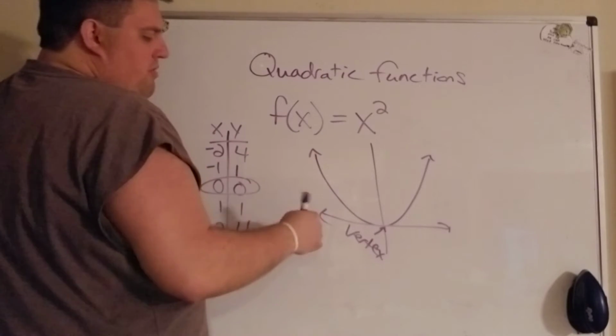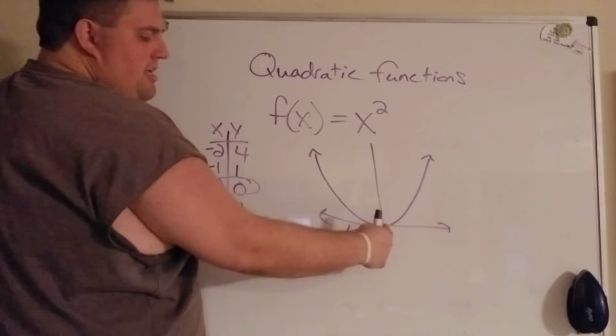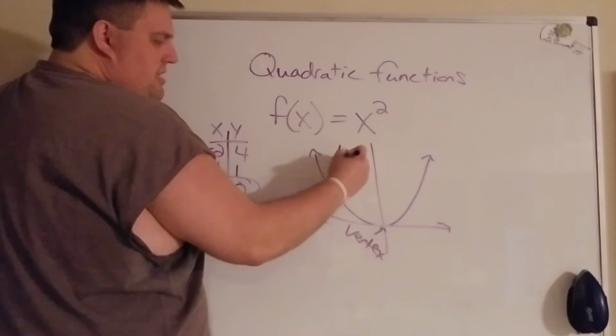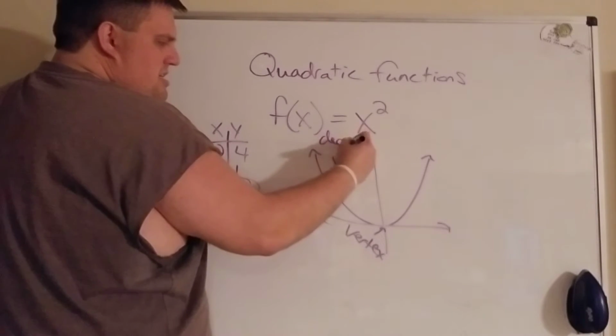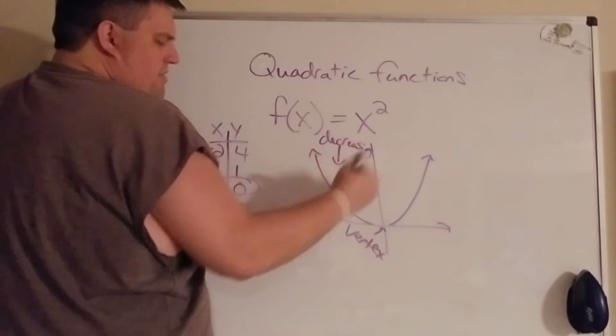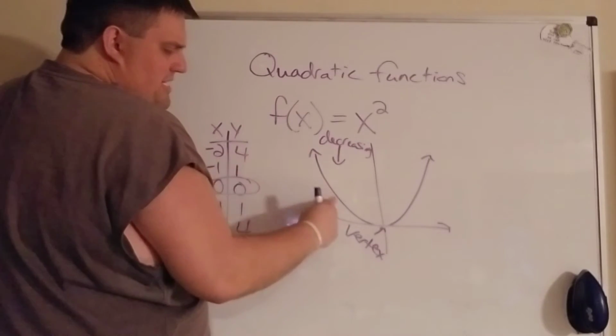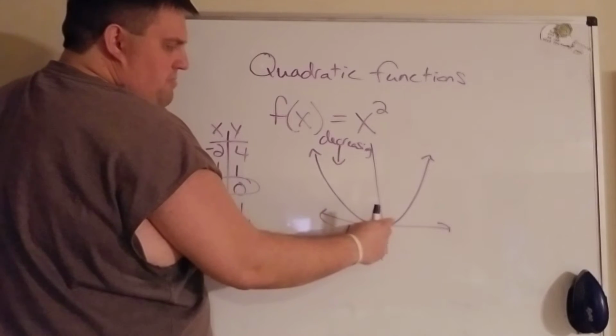So, for example, from negative infinity to 0, this graph is decreasing. Right? So from here, if we go just from left to right, our graph's going down until we get to this point.